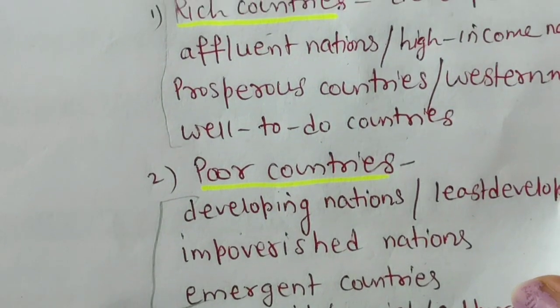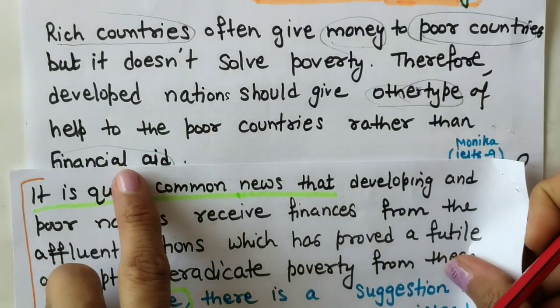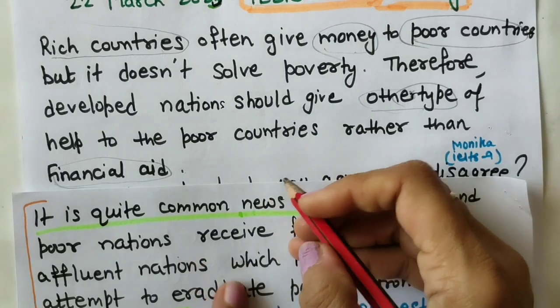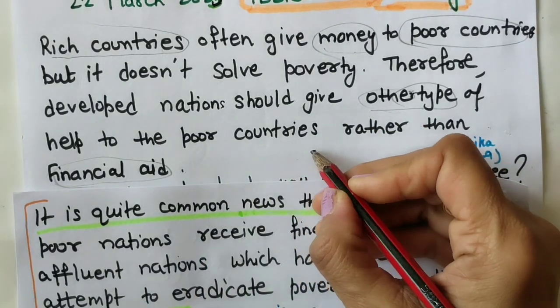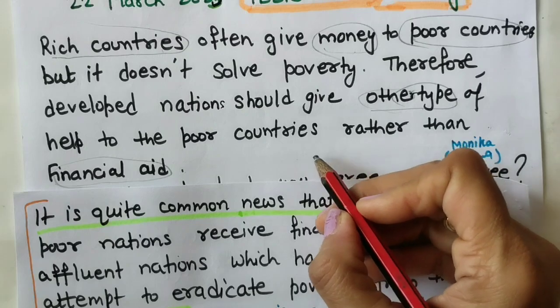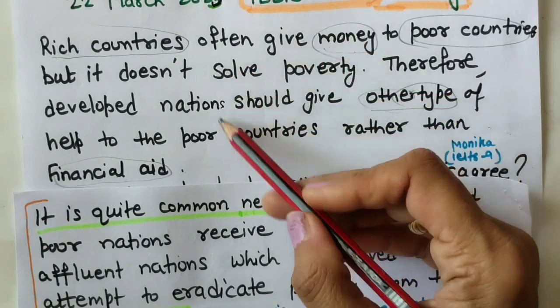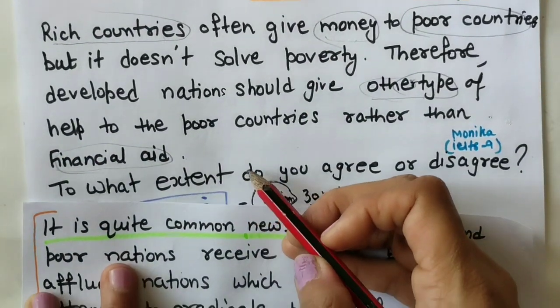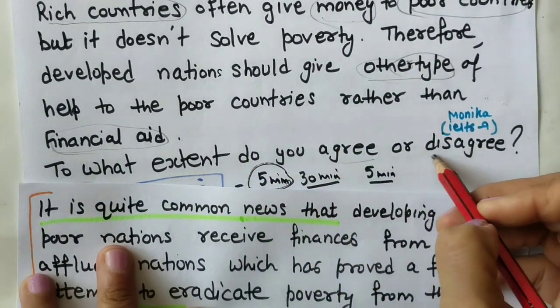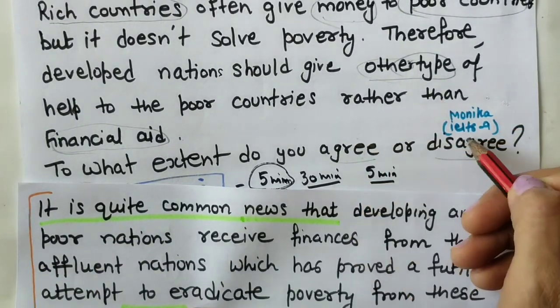Okay, let's start with how to write the introduction. This is the question statement, you can see. The introduction means a 3 sentence formula, or if you don't want to write a first general sentence about the main topic, then always start with paraphrasing of the question statement and give a direct answer to the question they have asked. To what extent do you agree or disagree? It is important to announce in the introduction whether you agree or disagree.